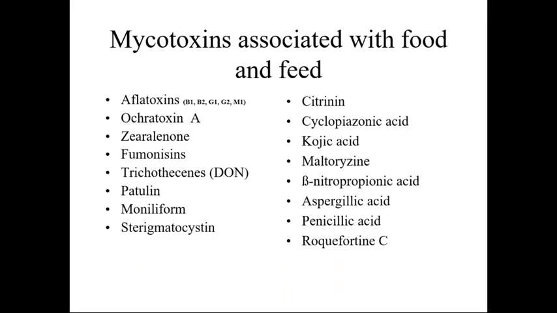So in the mycotoxins which are associated with food and feed, the most important are the aflatoxins, that is B1, B2, G1, G2, and M1, ochratoxin, zearalenone, the fumonisins, DON, that is a trichothecene, patulin, sterigmatocystin, which is a precursor of aflatoxin, and you have cyclopiazonic acid, and others caused by the infection of Alternaria.